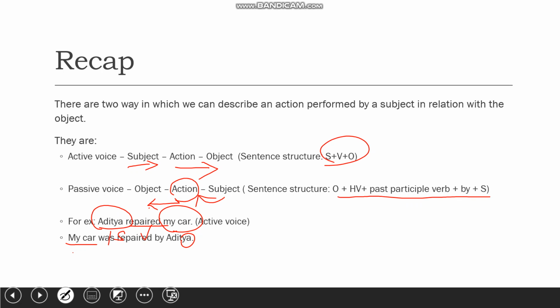Here, when you notice, my car is the object which is receiving the highest prominence in the sentence, followed by repaired. Aditya has got the least importance, and this sentence is in passive voice. Both mean the same, but the emphasis is different.